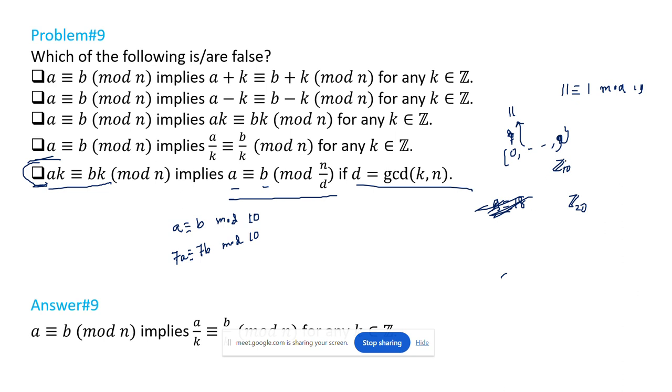But when you are considering a bigger space, then 11 and 1 are not congruent modulo 20. This is not true. So you will get unique values in modulo n by D in the smaller space. That is what I meant to say. So you have to reduce this modulo.